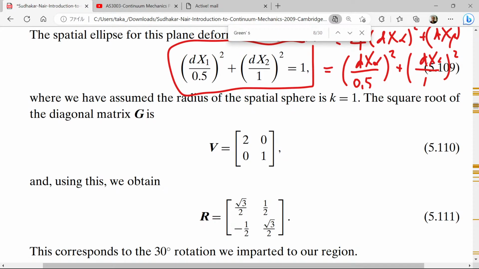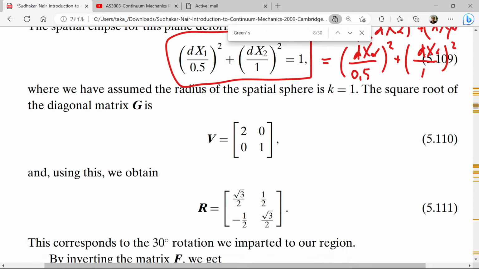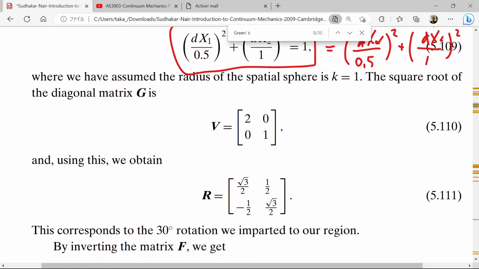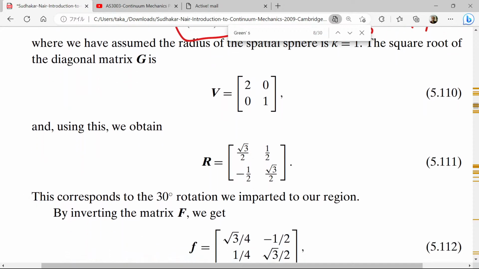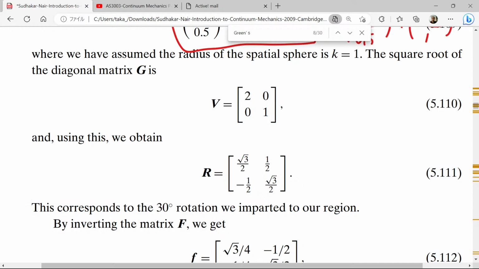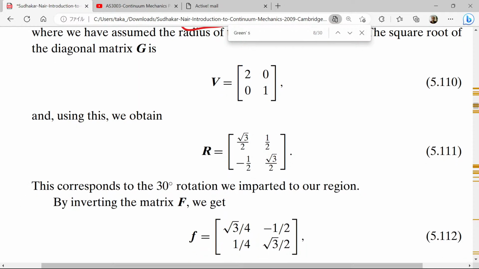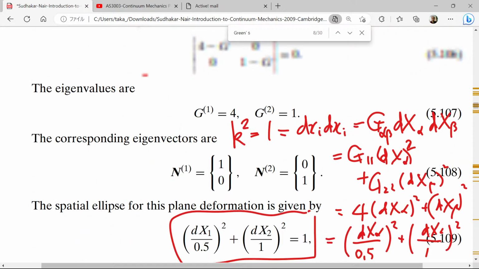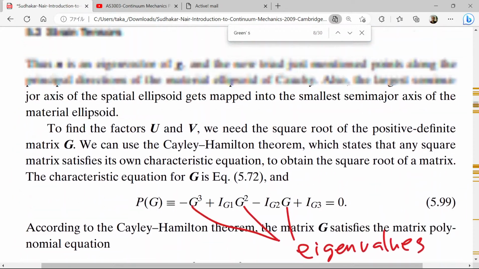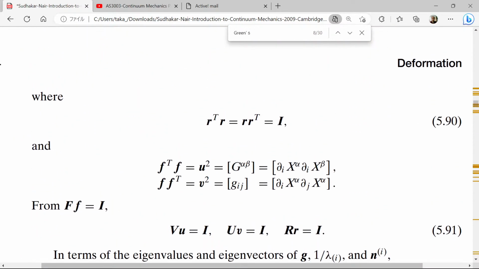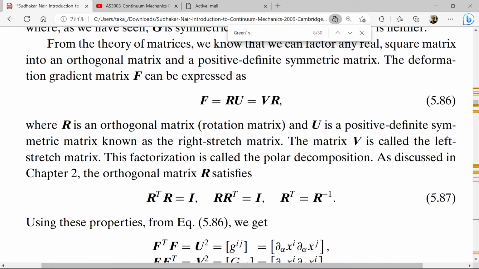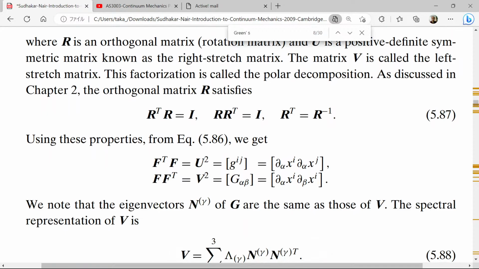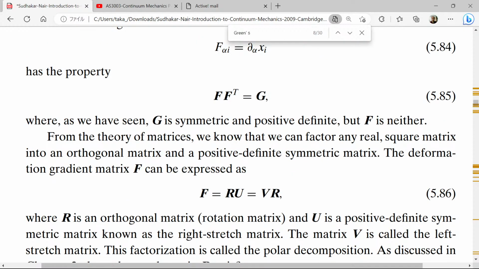The square root of the diagonal matrix G is B, 2001, and using this we obtain R equal this. So is it RB or BR? RB or BR? BR. Let me see. BR.